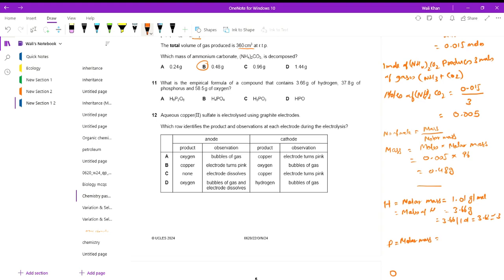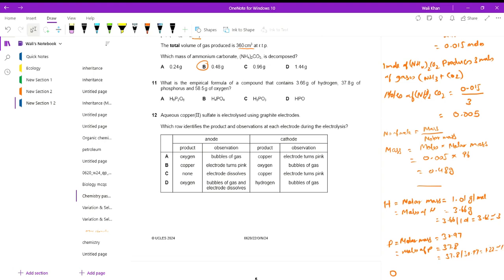And for phosphorus, molar mass is equal to 30.97. You can take the molar mass from the periodic table at the end of the question paper. Moles of phosphorus: 37.8 divided by 30.97 is about 1.22, approximately equal to 1.